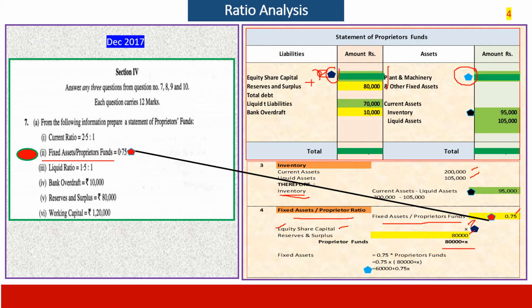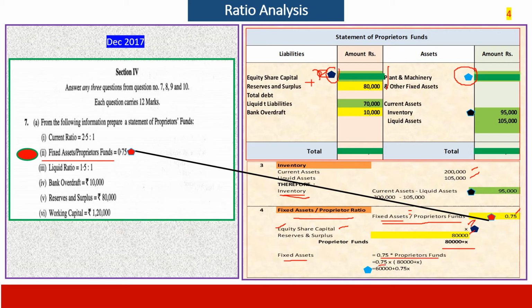Then the question comes, what is fixed assets? Go to the formula. Fixed assets, keep it as it is here. Take proprietors fund, which is dividing here. When you take it to the other side, it will be multiplying. Numerator and denominator, it shifts. Therefore, fixed assets equals 0.75 multiplied by proprietors funds.